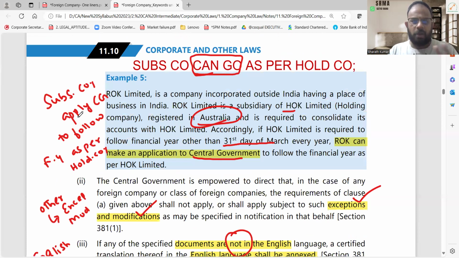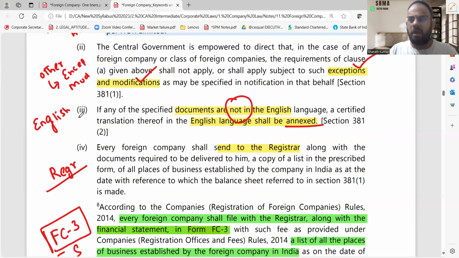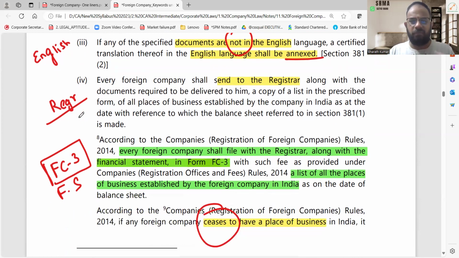Then point number 2 is any other exceptions or modifications the central government will give. Point number 3, if the documents are not in English, put them in English also. Point number 4, all the financial statements which we told as per the changes as per 381, the previous section, you will have to submit with the registrar in form FC3 and other forms. Point number 4 is done.